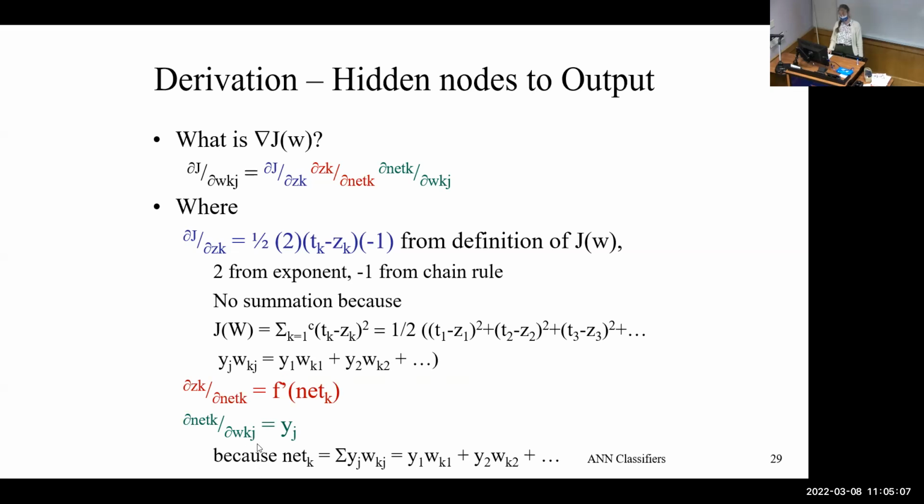So when we take the derivative with respect to the weight, all we have left is the individual y. We're taking the gradient, trying to update these weights in our output layer relative to our cost. We're breaking the cost into the derivative of the cost to the output, output to the net, net to the weights.